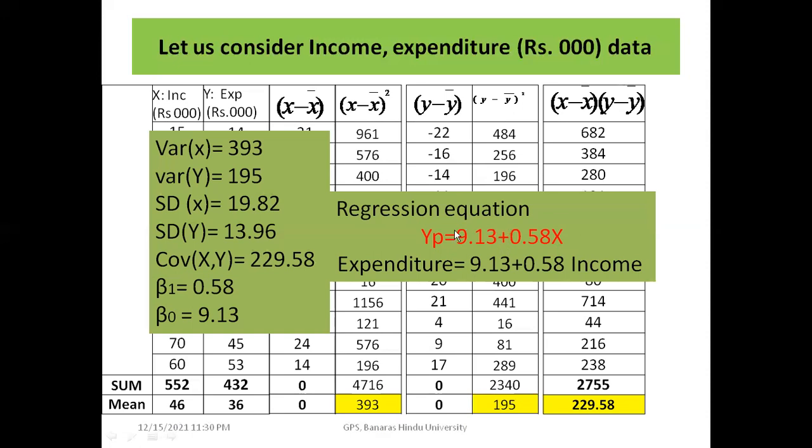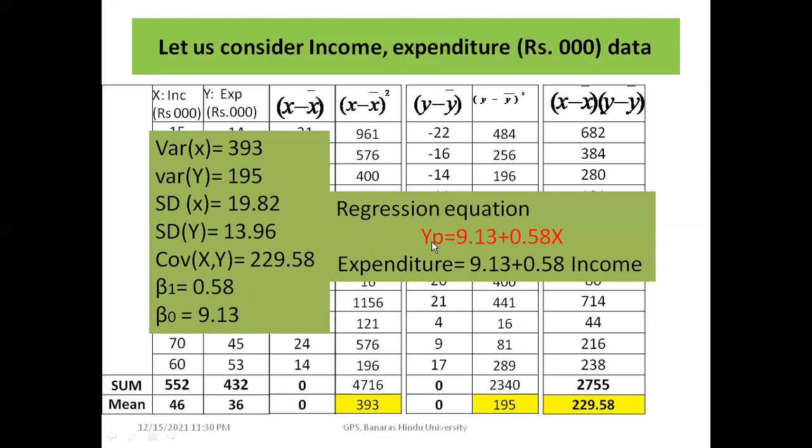Generally, the explanation of the intercept is not always available, but in this example, you can say that if a person has no income, X is 0, so this term will be 0, then the expenditure of that person is expected to be rupees 9.13.